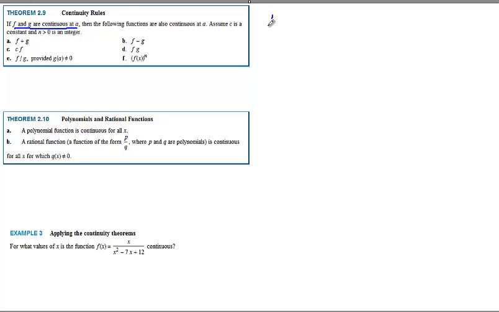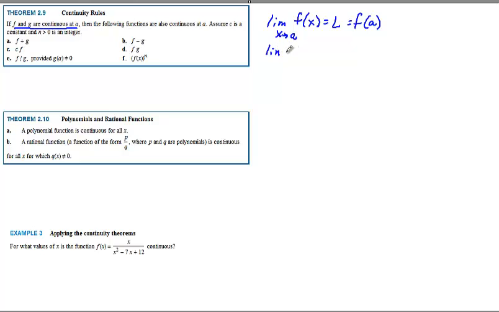So if the limit as x approaches a of f of x equals some L, I know that that must also be the function value, f of a.